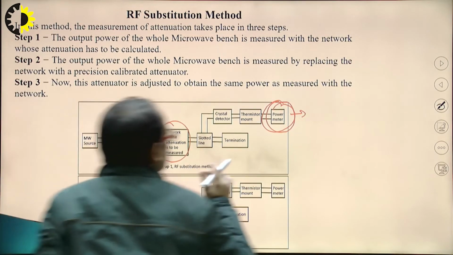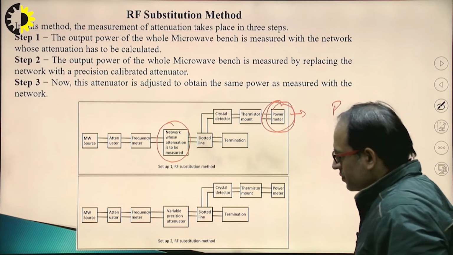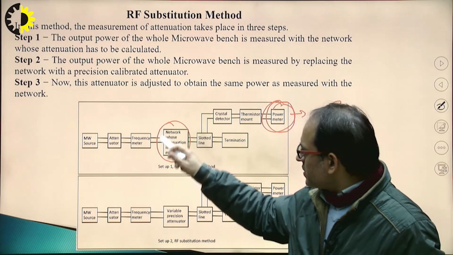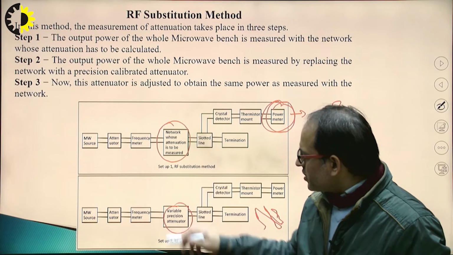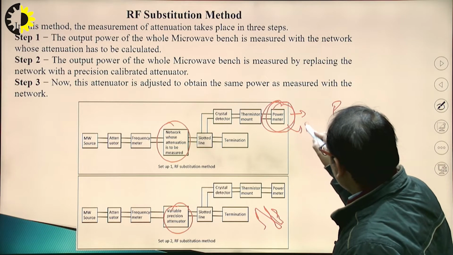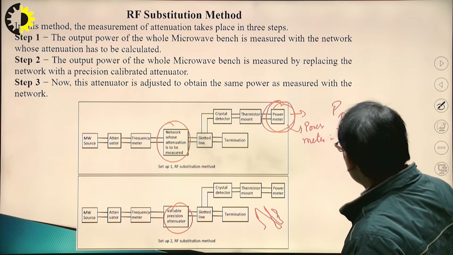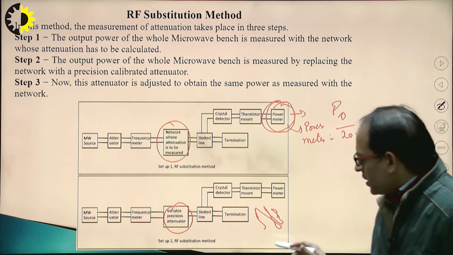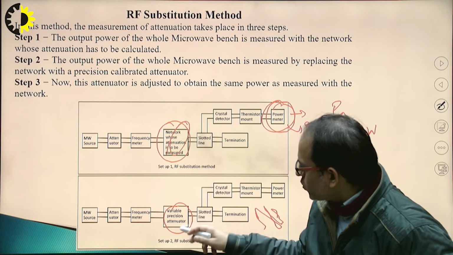In this I will get some power which is measured, and in the next setup I will just replace this device under test with the variable precision attenuator. Now if I am getting from the power meter a value of 20 milliwatt. Clear?